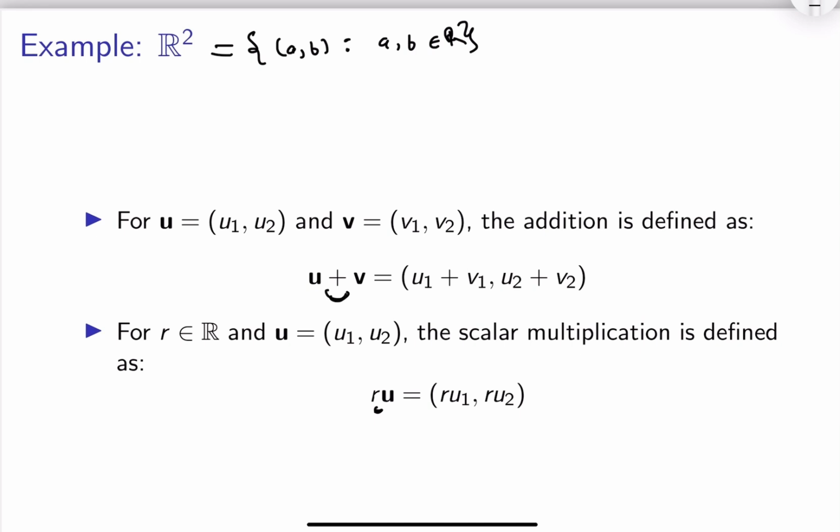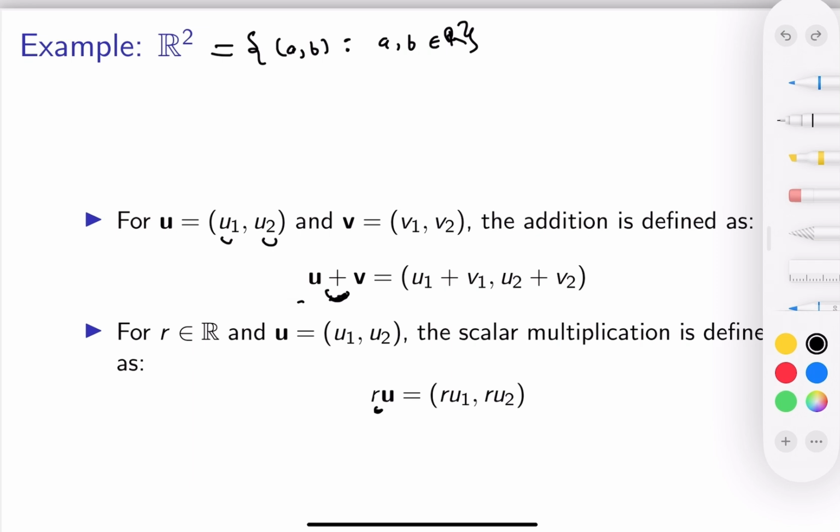For addition, if we add (u1, u2) to (v1, v2), we add the first entry to the first entry and the second entry to the second entry, and we get this vector.